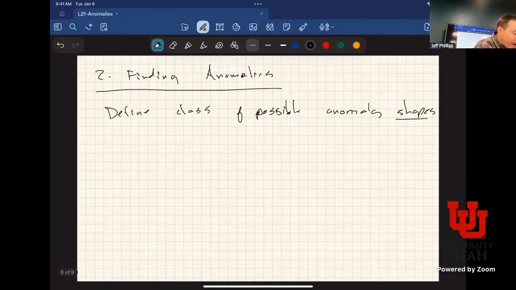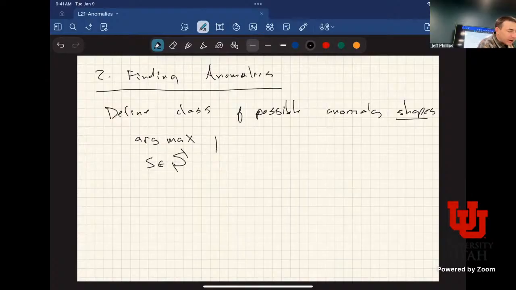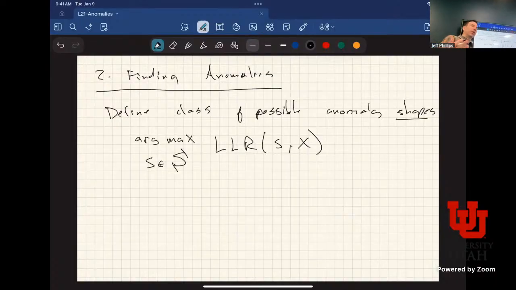So then you want to find the arg max over S in some family of shapes that you consider of the log likelihood ratio score between S and X. So I can define a cost function that was derived somehow from what I expect my data to look like.